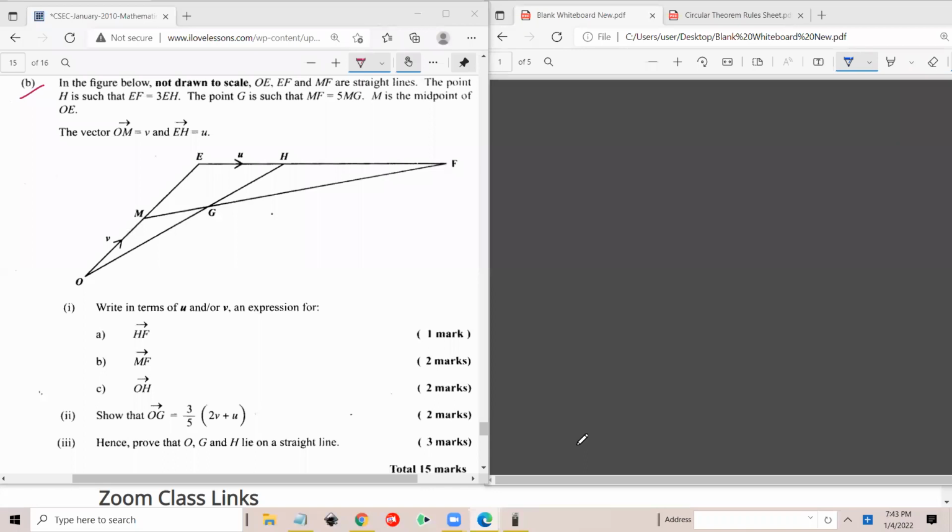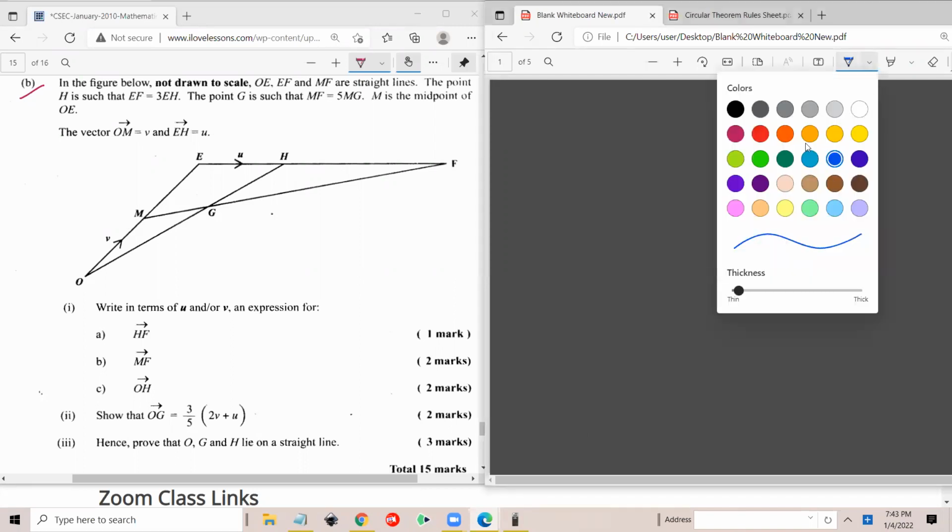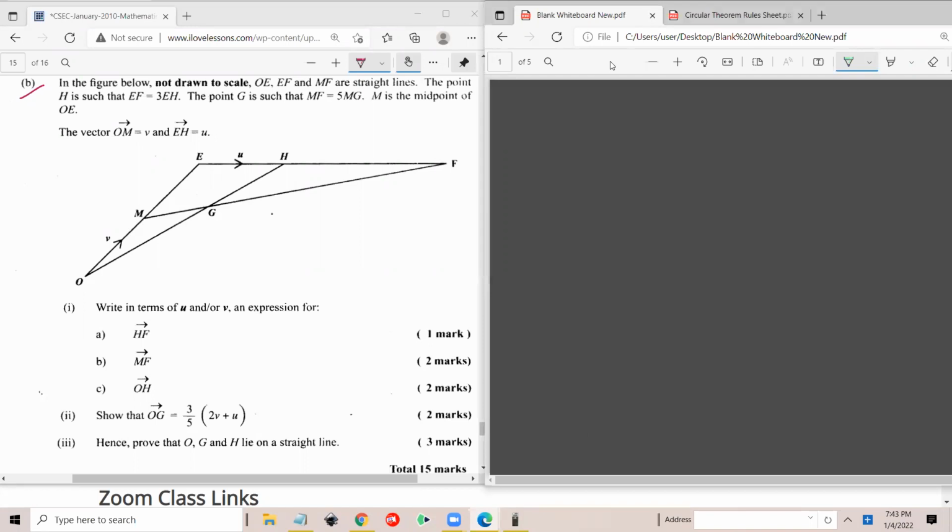Okay. You just have to recall a few basic rules when it comes to vectors, right? Remember that when you have a vector, direction matters. For example, if I have a vector this way, and I tell you the value of the vector in the direction of the arrow from O to A is 6p, so OA would be positive 6p.